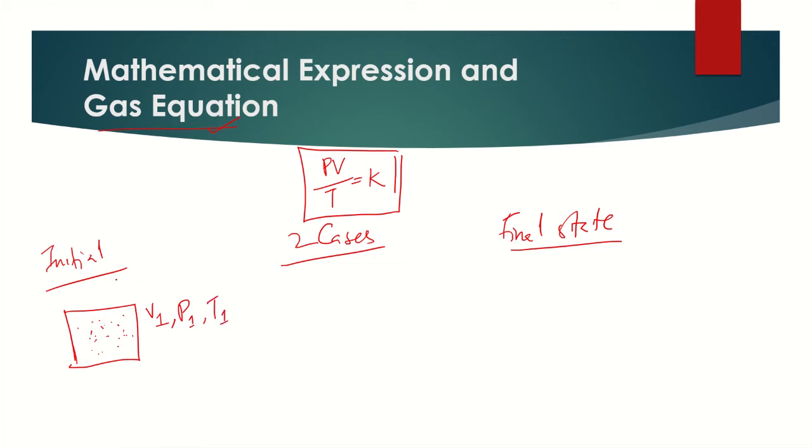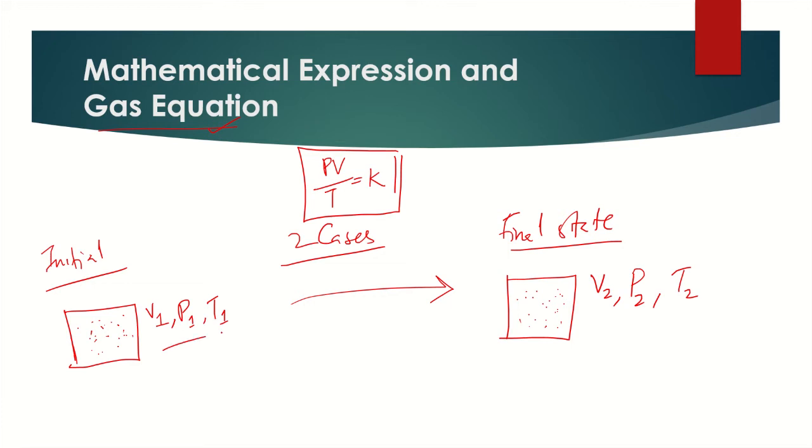This is our initial state. So when there is change in volume, the pressure and temperature also change. So let us now consider a final state of the same gas whose volume changed to V2, pressure changed to P2, and temperature changed to T2.